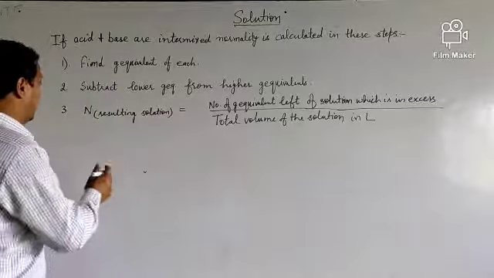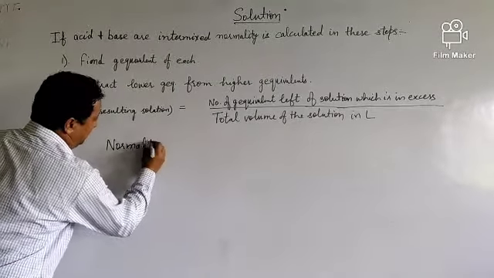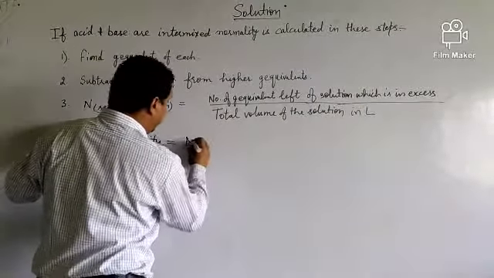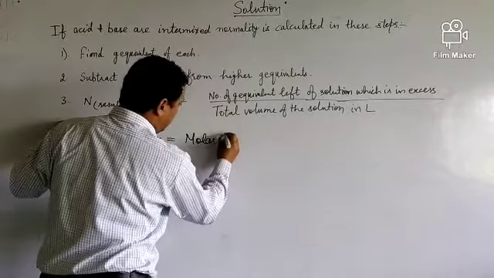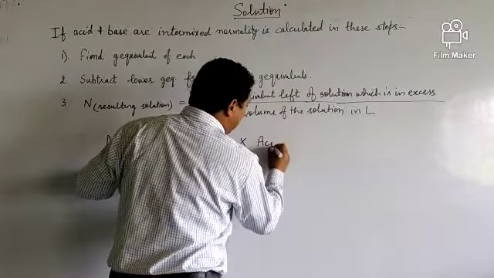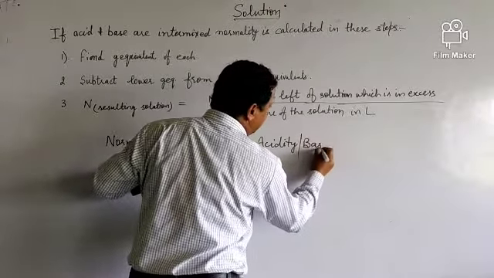Okay. Then one more thing: normality is equal to molarity into acidity or basicity.